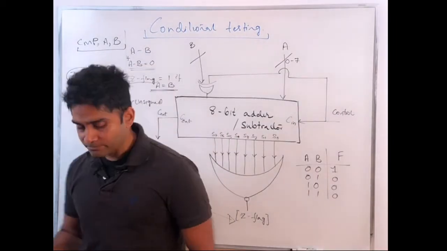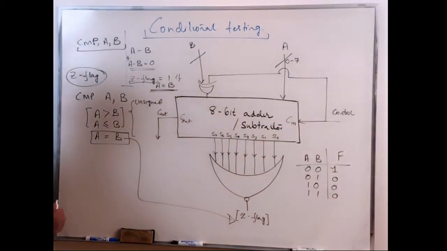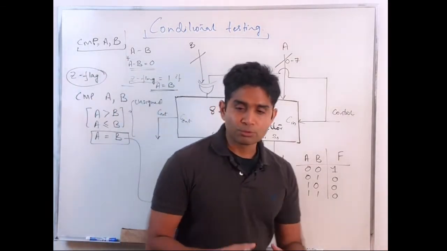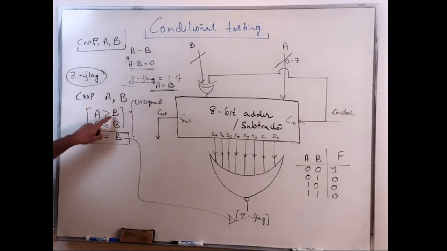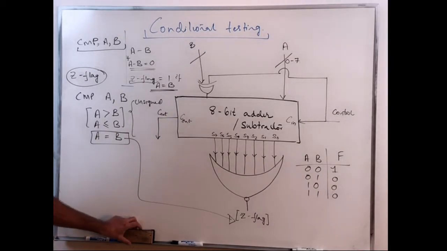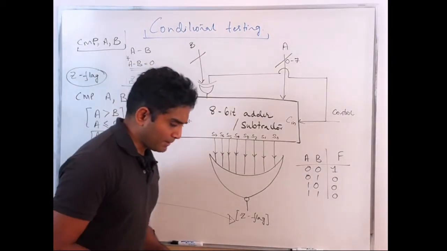Now, what kind of flags will I need to be able to do conditional testing for these subsequent conditions? A larger than B, A less than or equal to B, A larger than or equal to B. That's another condition I need to test. So why do I need to do this?